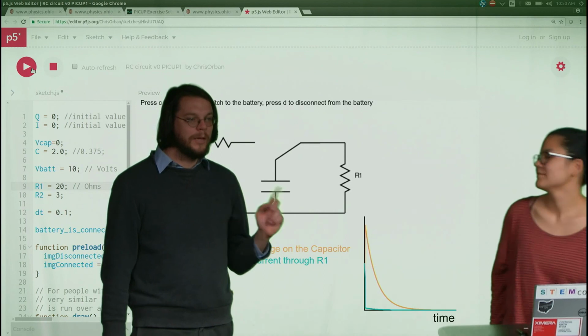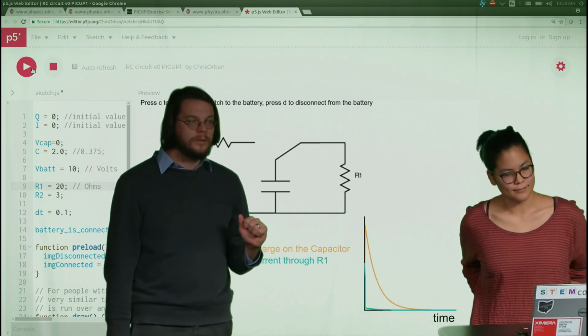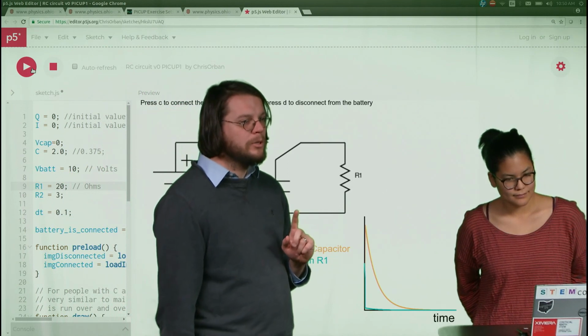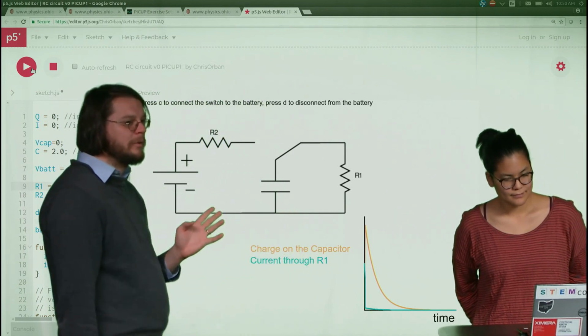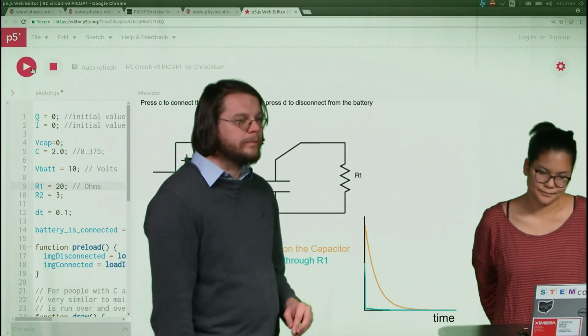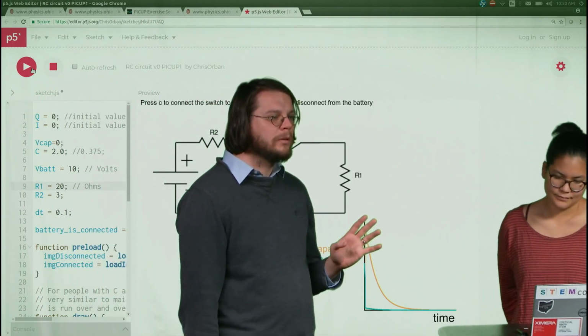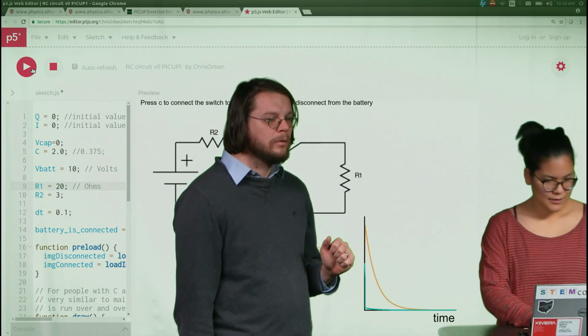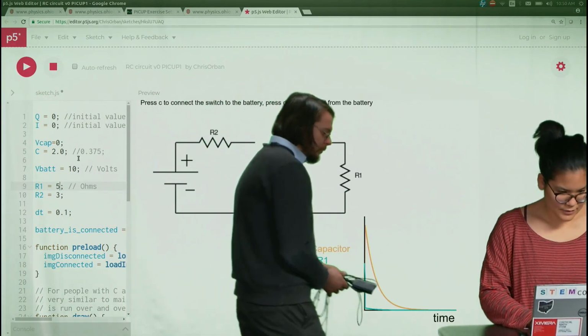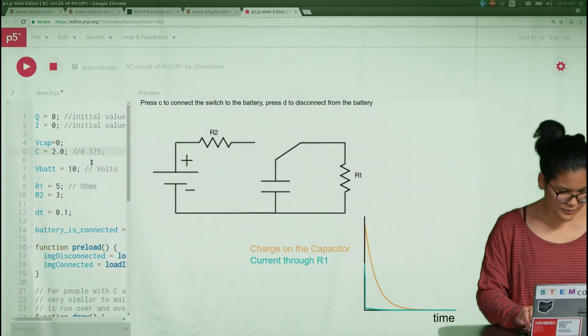The next part is what we want to do is we want to double check what the charge is on the capacitor after it's been connected to the battery for a long time. So why don't we set the numbers back to what they were? Put my power cable over here.